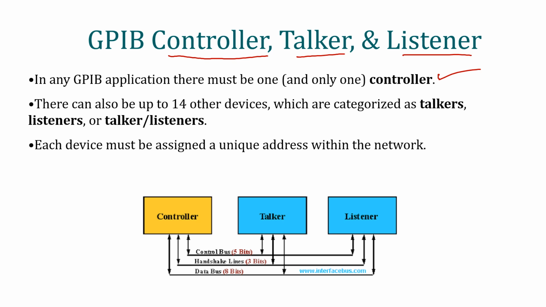Now here talker means the instrument which provides the information. So an instrument which provides the information is known as a talker. And listener means a device like a hard disk.